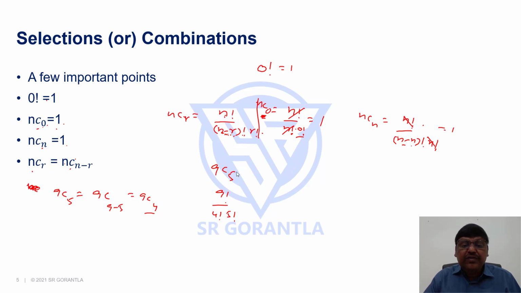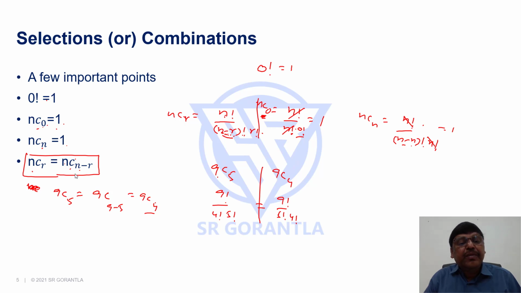If I take 9C4, it is 9 factorial by (9 minus 4) factorial, 5 factorial, into 4 factorial. Are they not the same? Yes. So this is a very useful rule, NCR equals NC(N minus R). Suppose I take 10C7, it is nothing but 10C(10 minus 7), that is 10C3. In the previous case we calculated 10C3, so the 10C7 value is also the same.